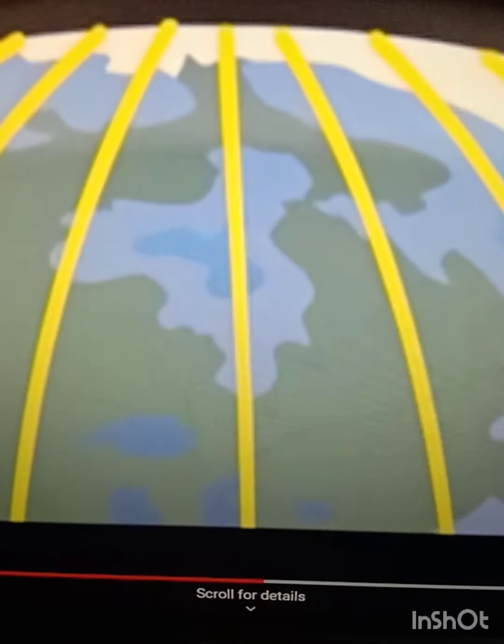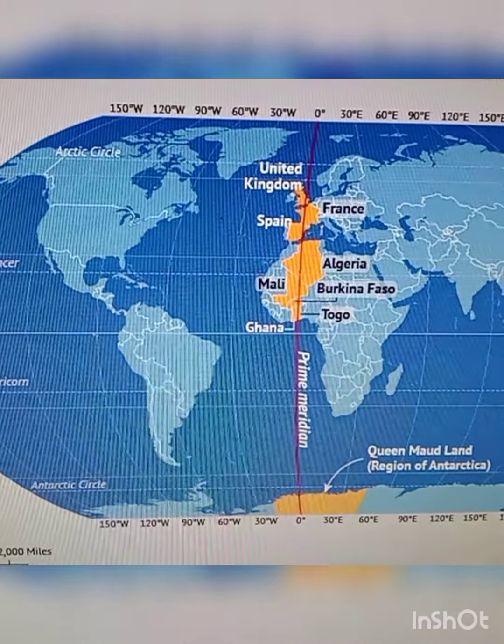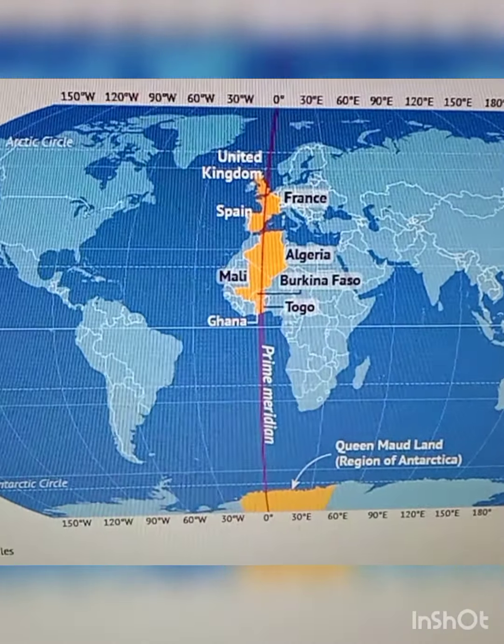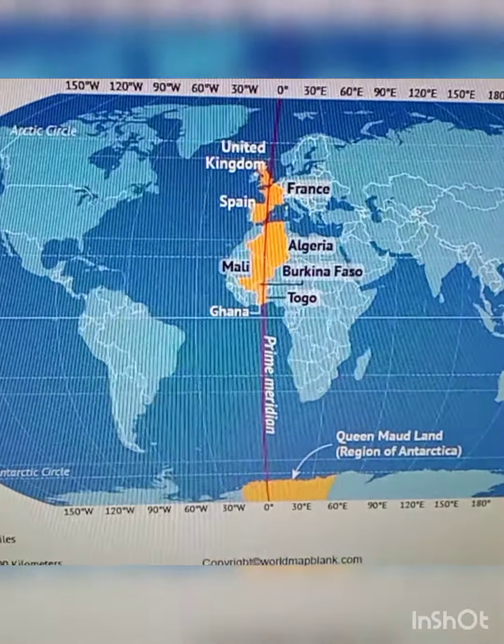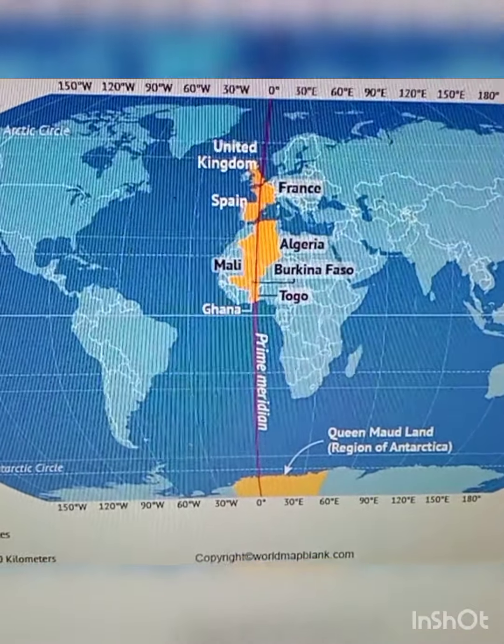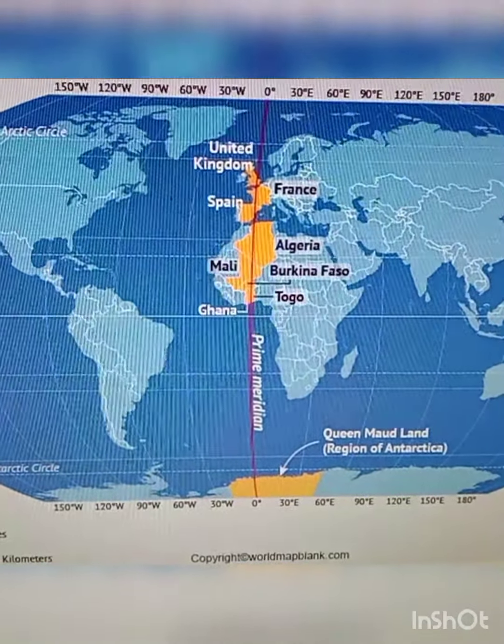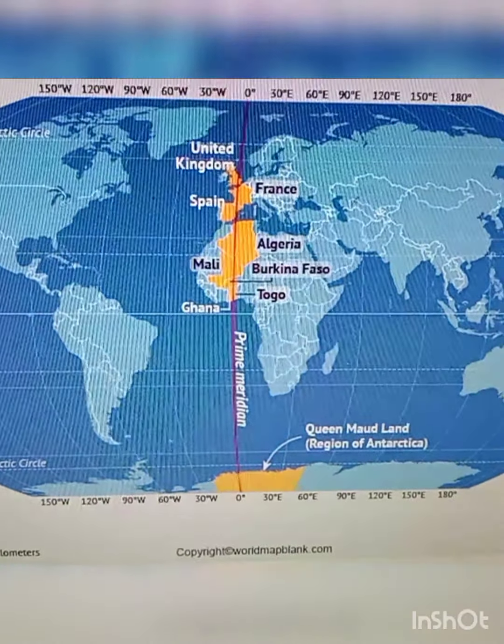This is from 0 degrees to 360 degrees. Longitude is the distance east or west of the prime meridian. It is measured from 0 degrees to 180 degrees.